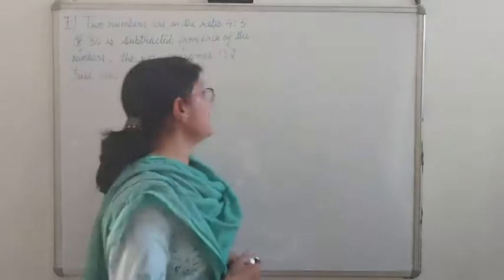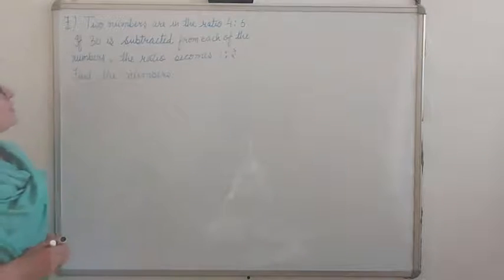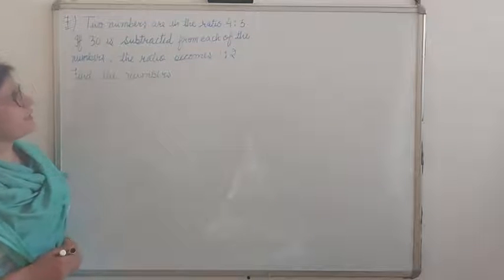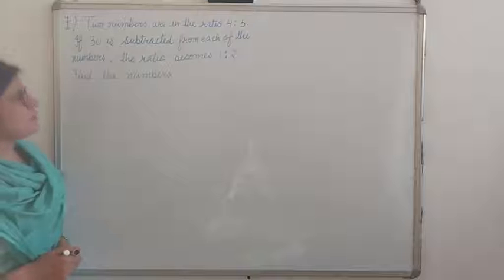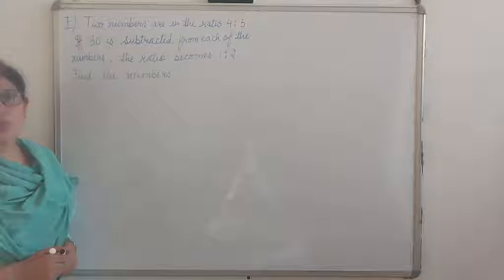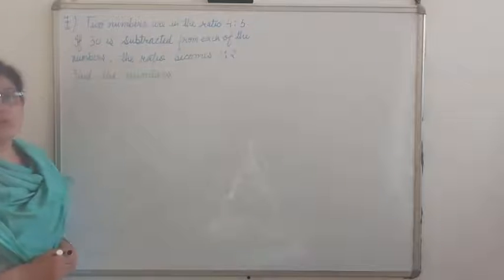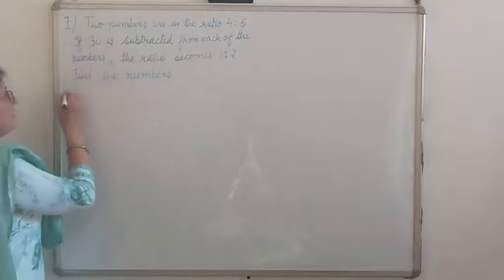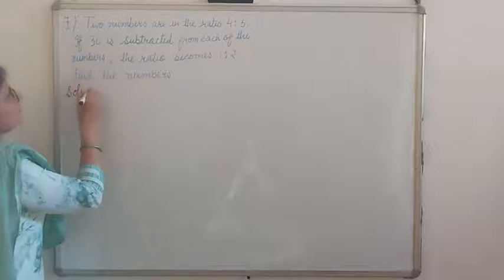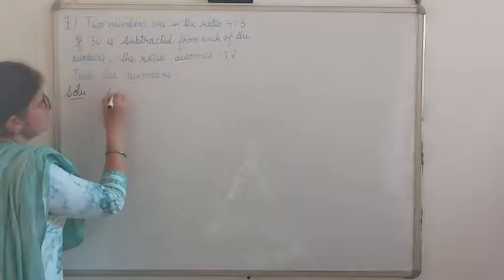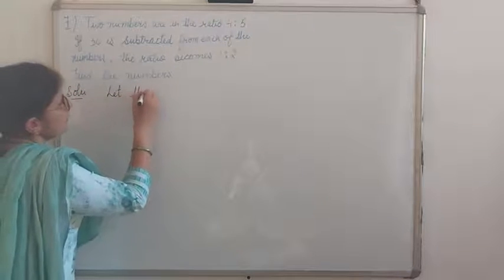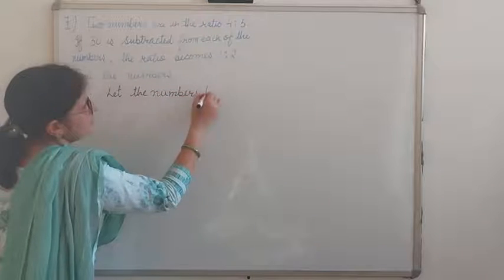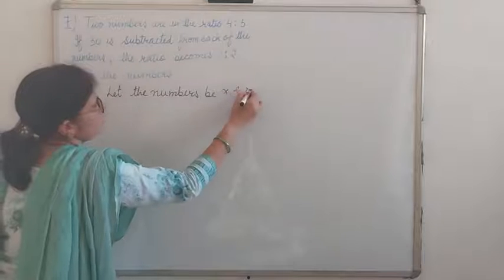Now question number 7. Two numbers are in the ratio 4:5. If 30 is subtracted from each of the numbers, the ratio becomes 1:2. You have to find both the numbers. So first of all, let the numbers be x and y.